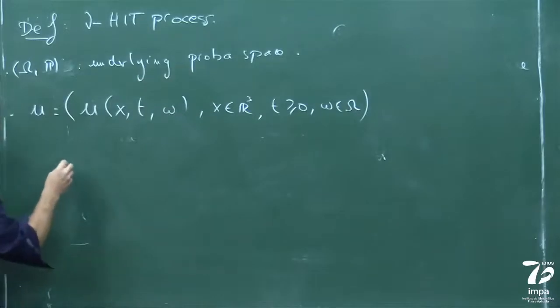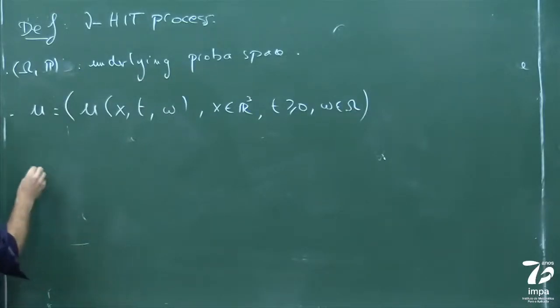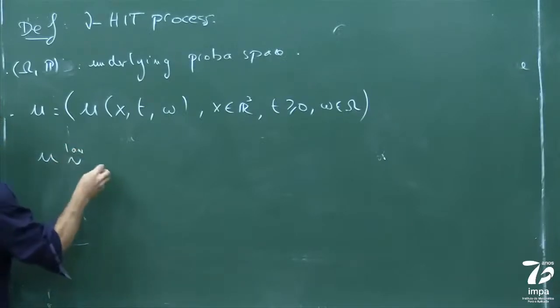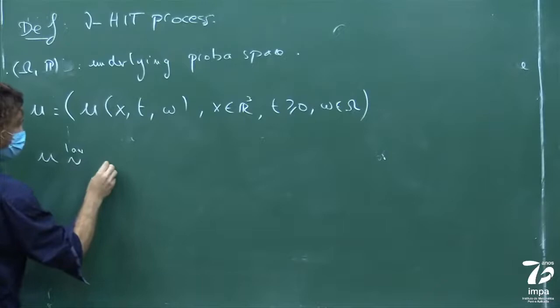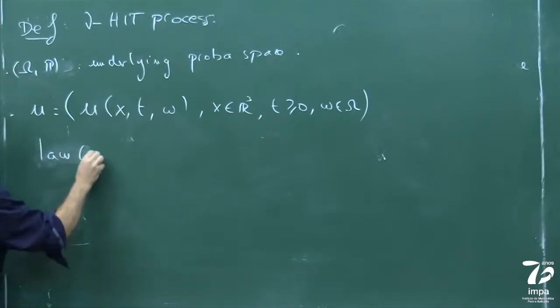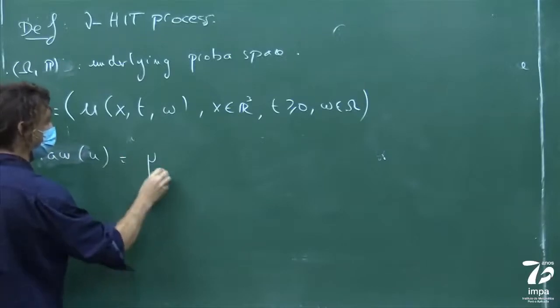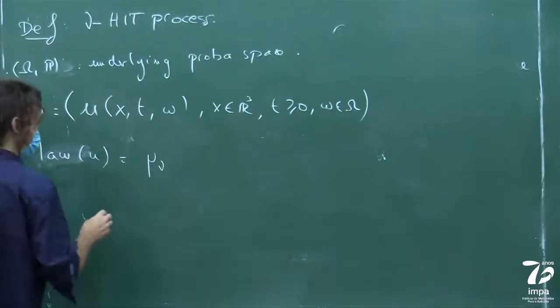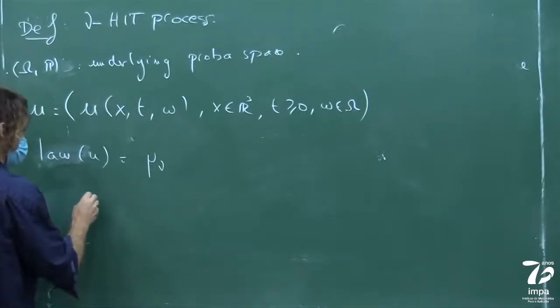Such that essentially the law of u is mu nu, a certain density, with the following properties.